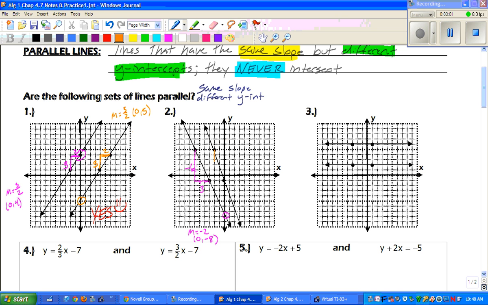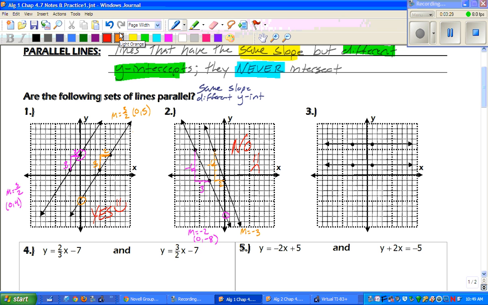Let's start working on the next one. 1, 2, 3, 4, 5, 6. So we're going down 6, but we're going over 2, which means the slope is negative 3. So do they have the same slope? No. Remember, it has to meet both criteria.